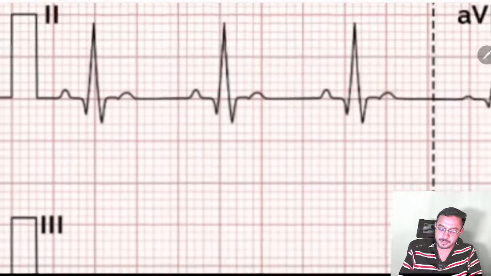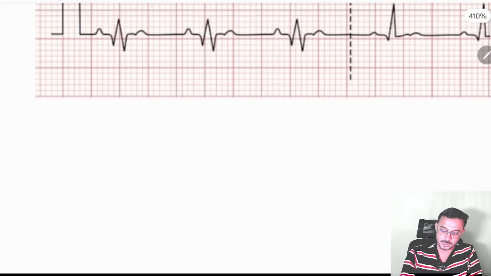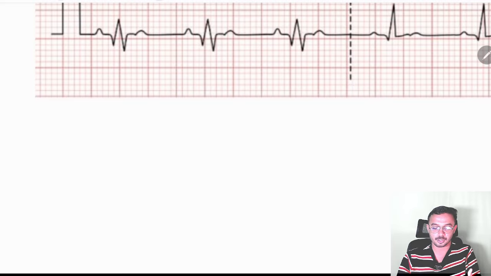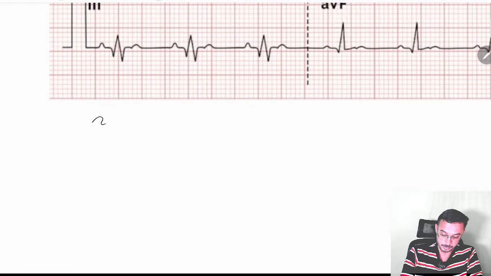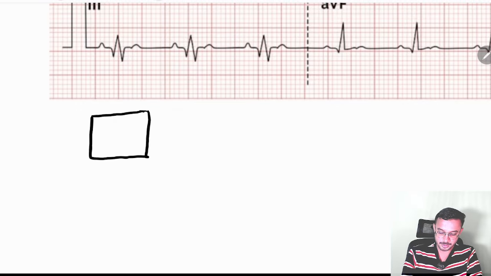Don't remember decimals like 0.04 seconds, because it will be a bit confusing. We will go with numbers like 10, 20, 30, 40 only. This is a large square, and inside it there are 5 small squares.